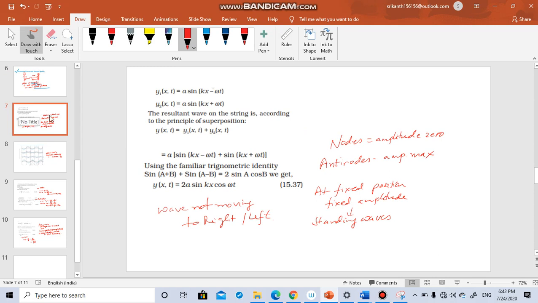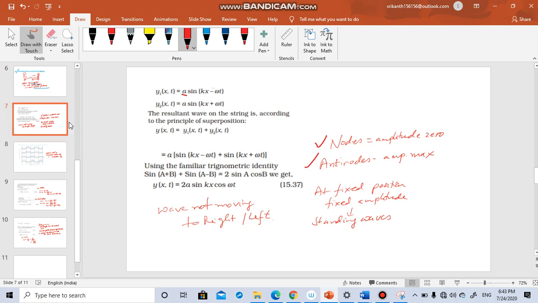Here also we will be following the principle of superposition. Here you will be observing two types of points, nodes and antinodes. While we add these two pulses, we are assuming that the amplitude is the same.